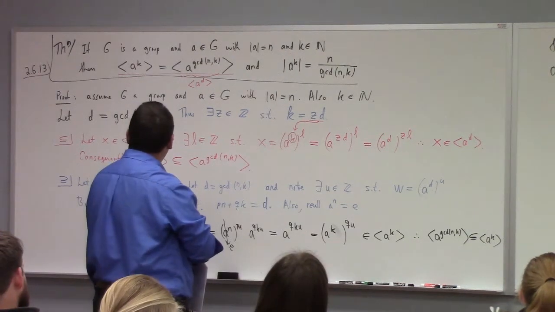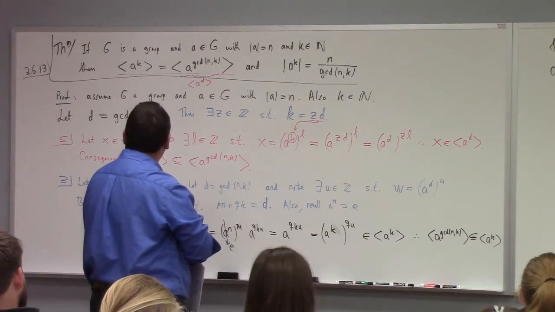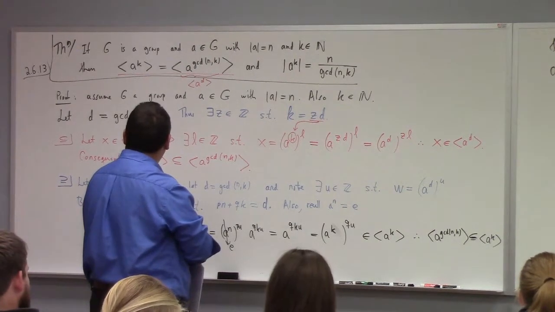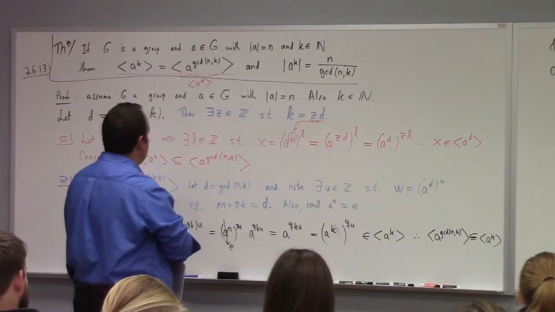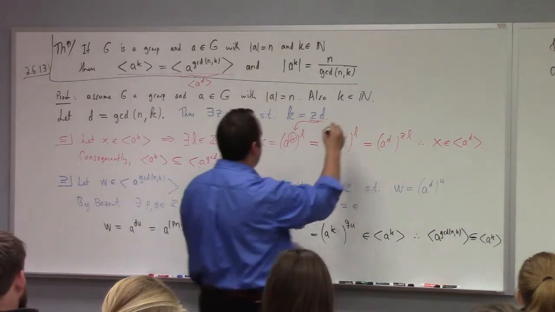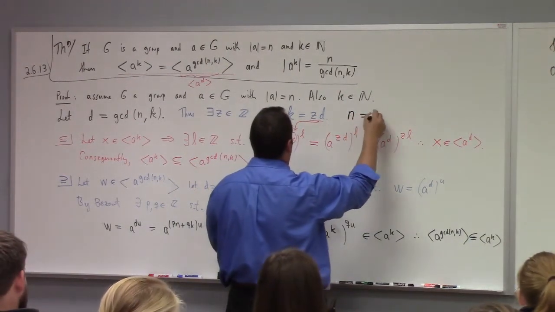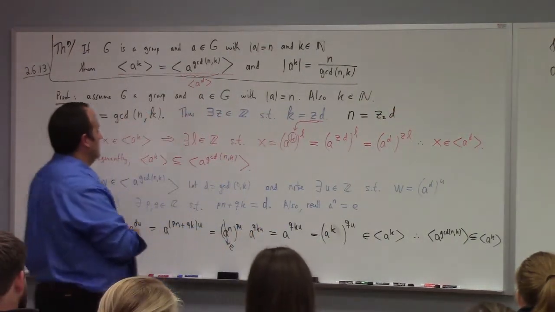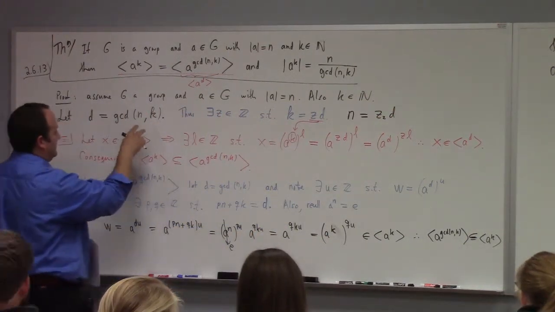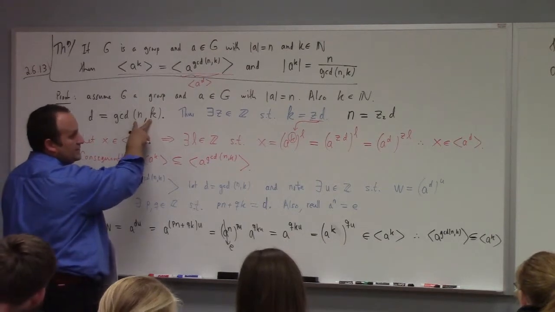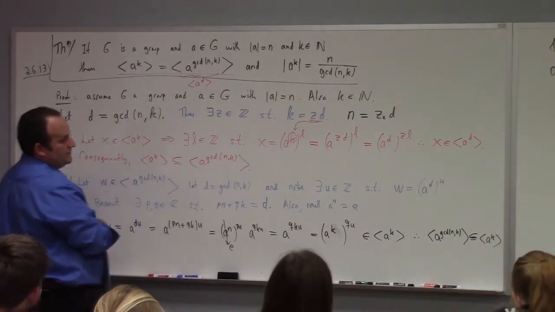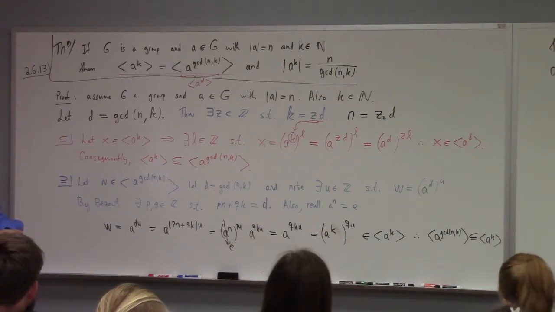I know that d is the greatest common divisor, so n is equal to what? Say z2 times d, right? Because d is a common divisor of both n and k, there has to be some z2 like that. So it follows that n over d is an integer, my point.